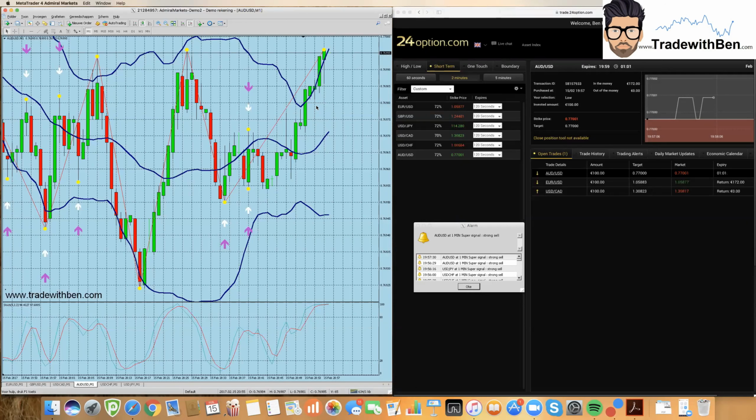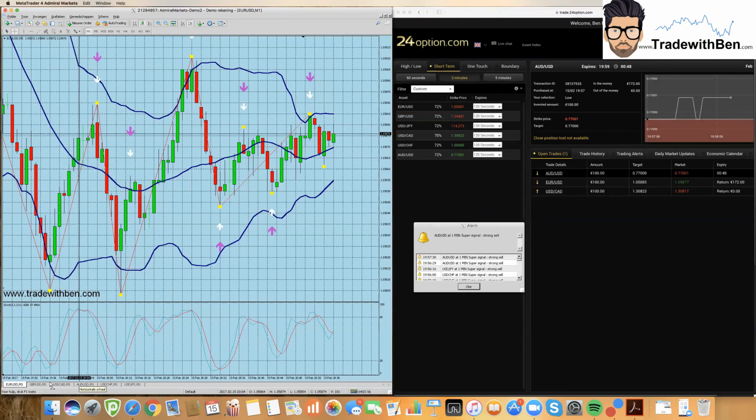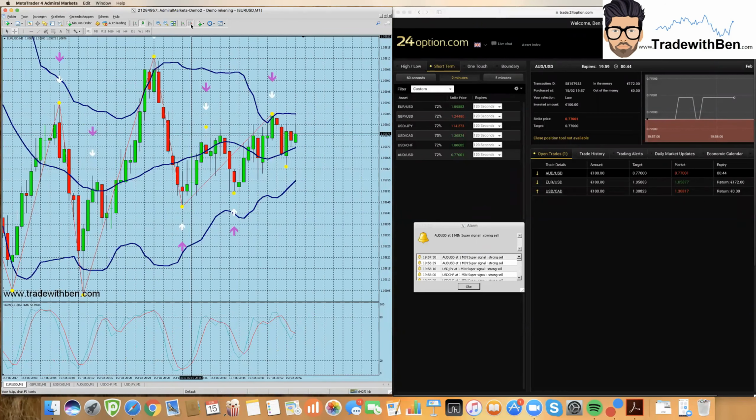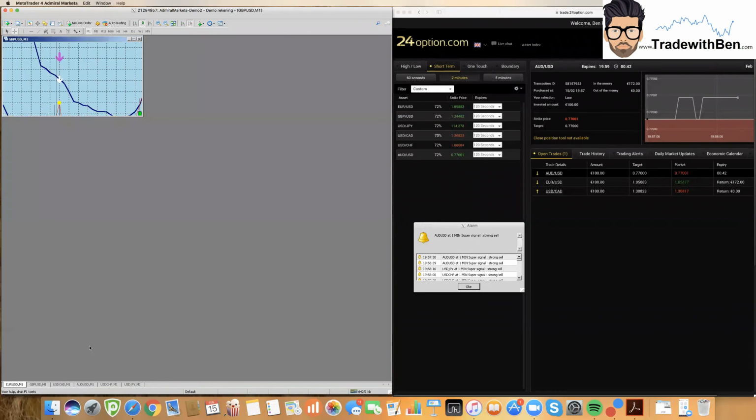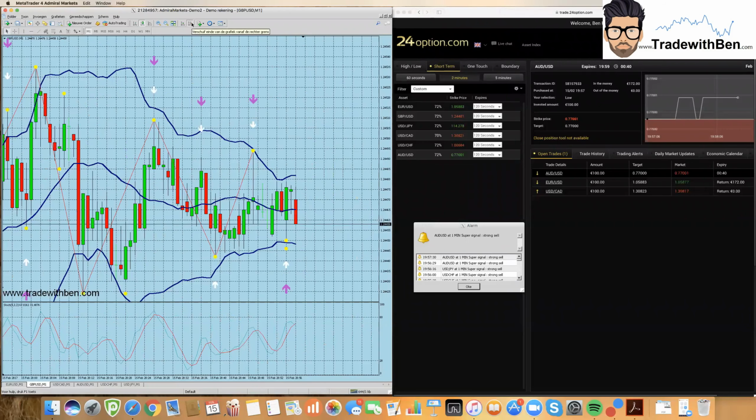So let's see how it will go. Okay, so the market is not as volatile as I thought it would be. Doesn't matter anyway, but this is good here. So this is a sell action.